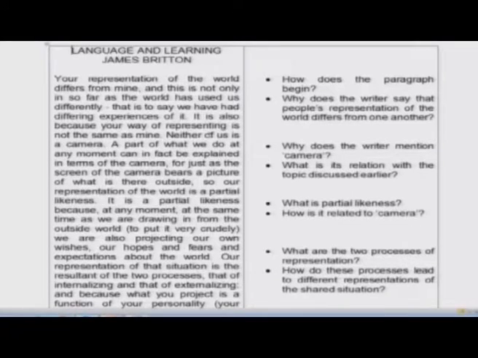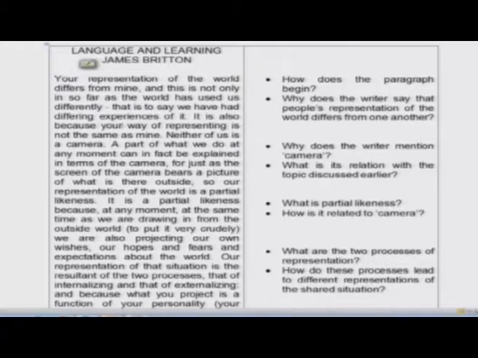This is an extract from the text called Language and Learning, written by James Britton. Let us read this first. Your representation of the world differs from mine, and this is not only insofar as the world has used us differently, that is to say, we have had differing experiences of it.